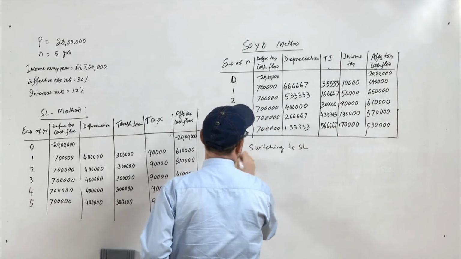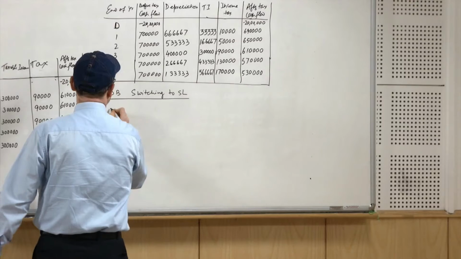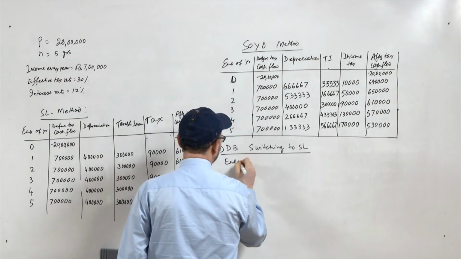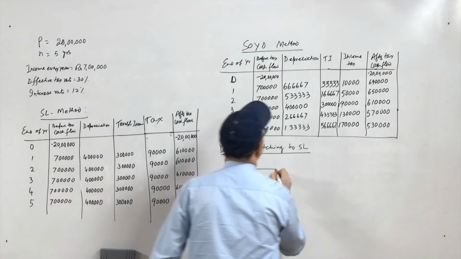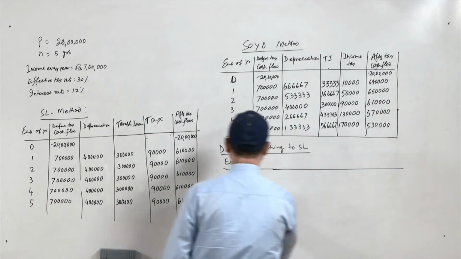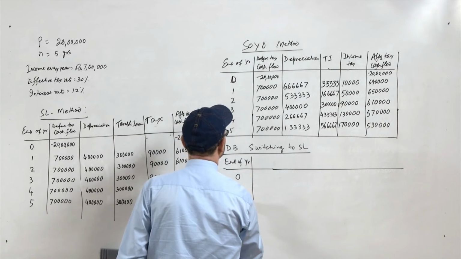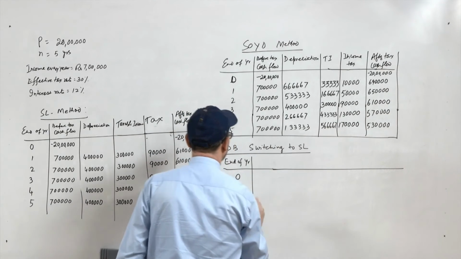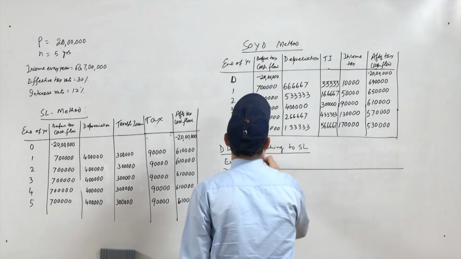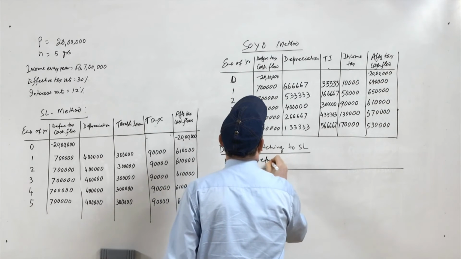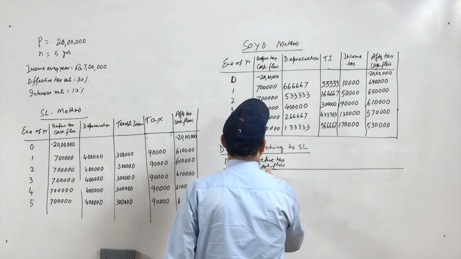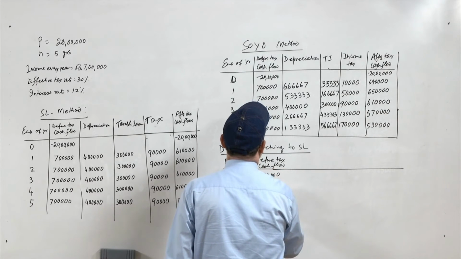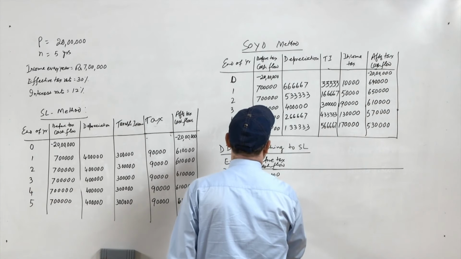In this case we will have the table again, with the before tax cash flow of minus 20 lakh at time 0 and then 7 lakh as income every year.